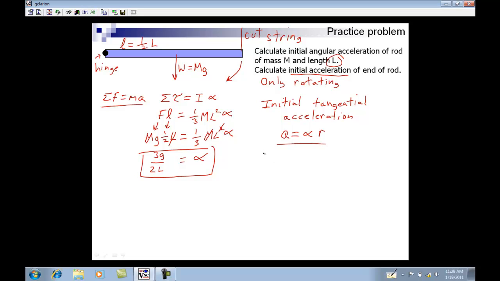So in this case, a would be equal to 3g over 2L, that's my alpha, times my r, but in this case, what value is r? Actually the r is the entire length, so that's just going to be L. So what happens to that equation? The L's cancel, so I get 3g over 2. What do you notice that's really strange about that?